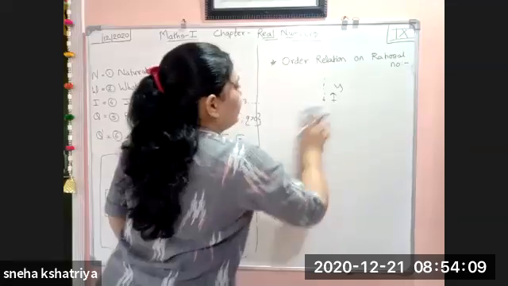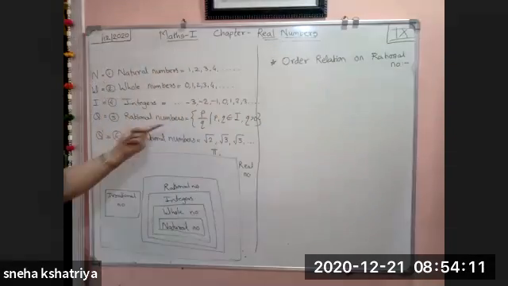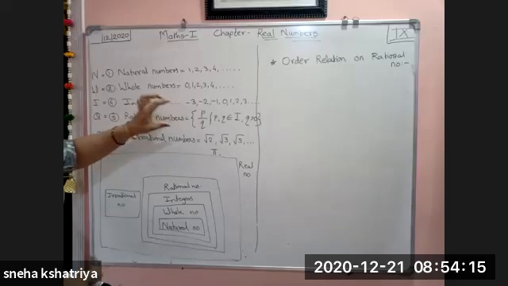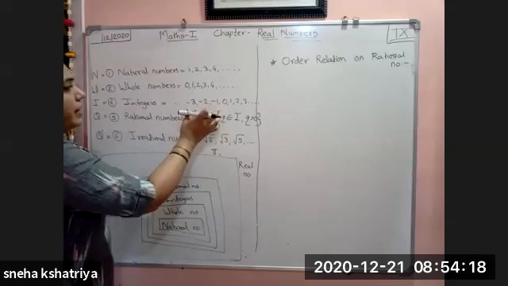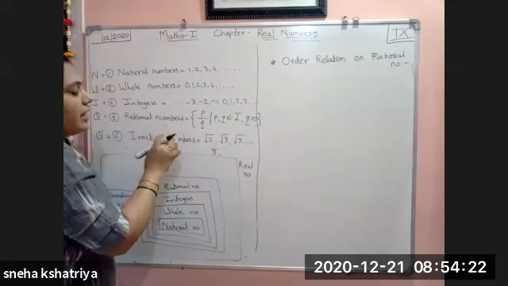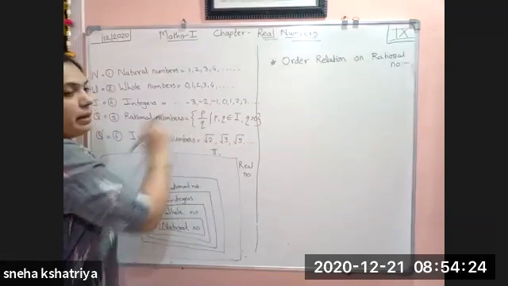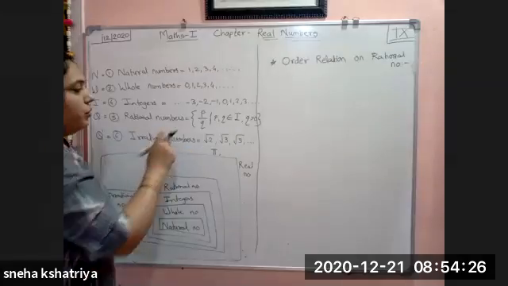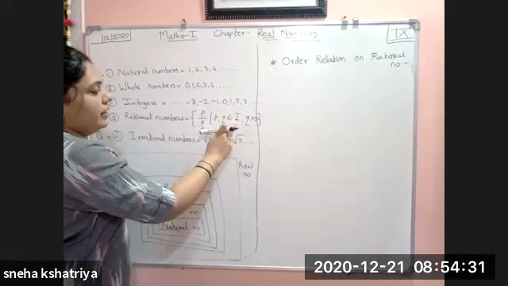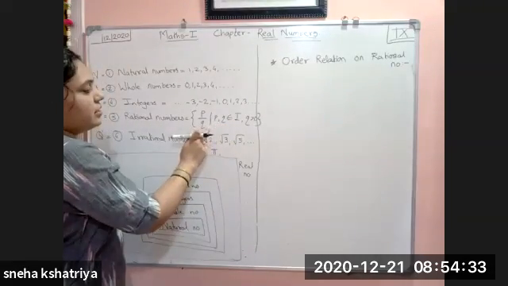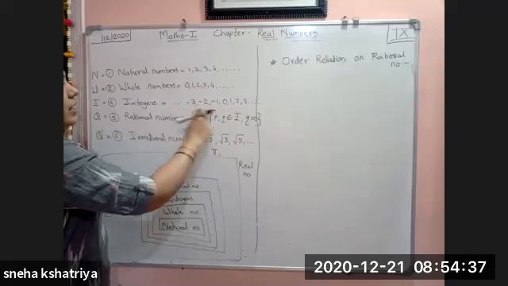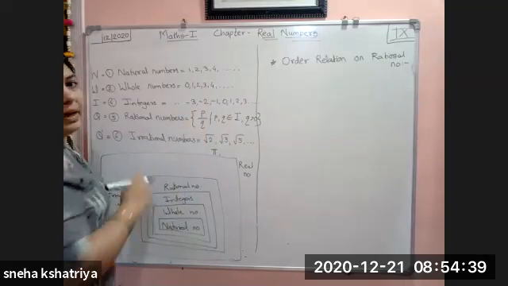Now, after integers, we come to rational numbers. For rational numbers we don't have a proper set like 1, 2, 3, 4, because rational numbers are of the type p upon q, where p and q are integers. Whatever integers are there, they have to be taken as p upon q.